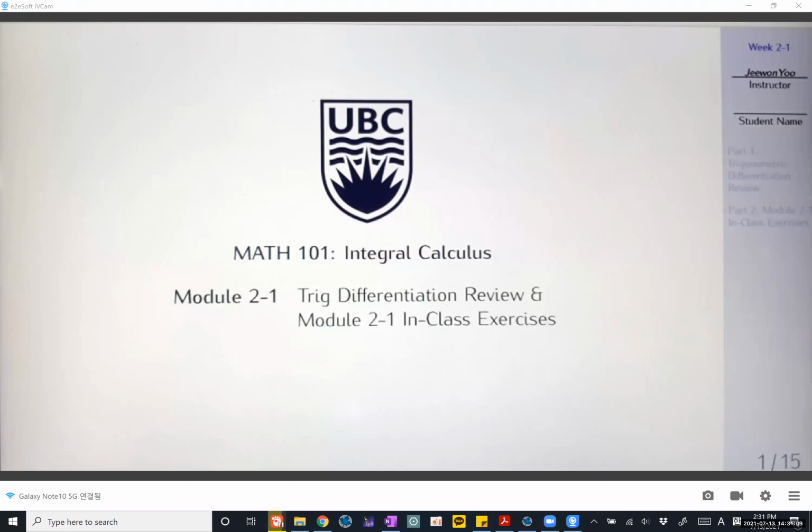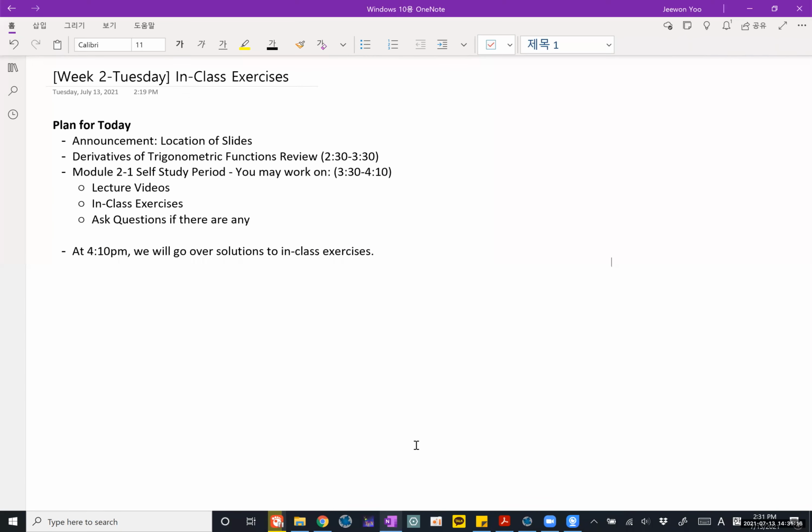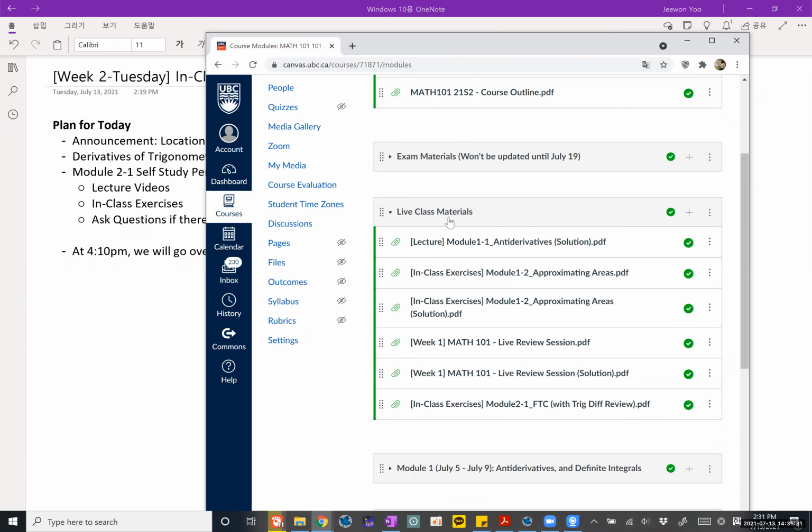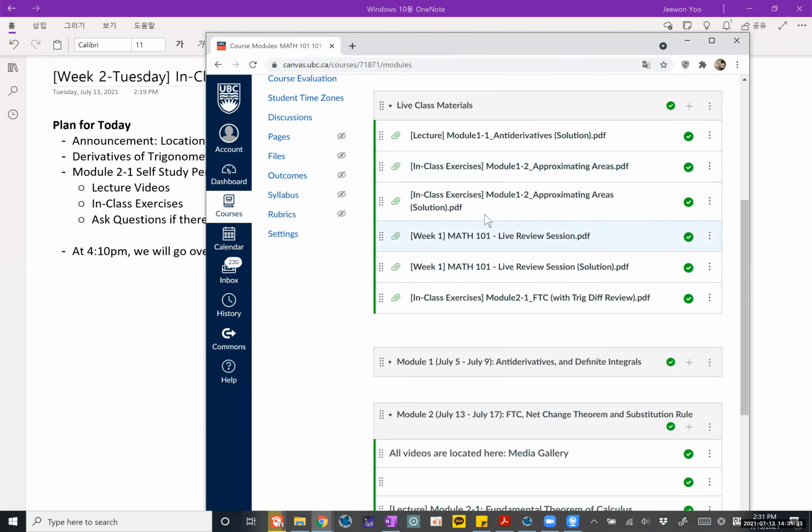Today, everyone, we're going to do the following. Here's the plan for today. First, a little announcement about the location. Many of you probably know that we use the live class materials module to find the in-class exercises, and so on.